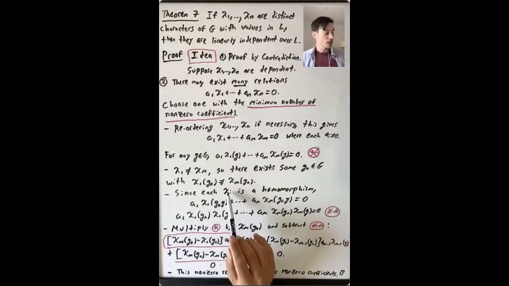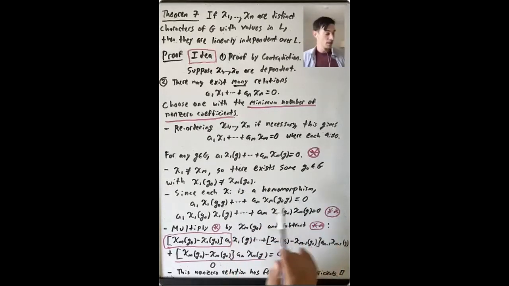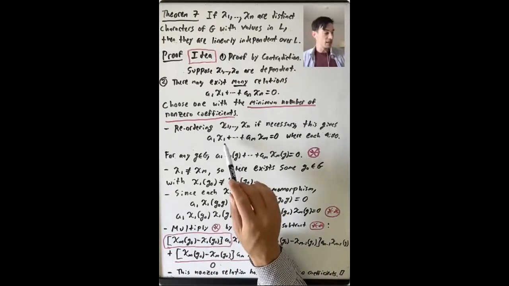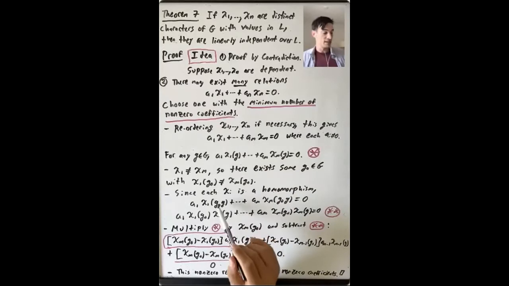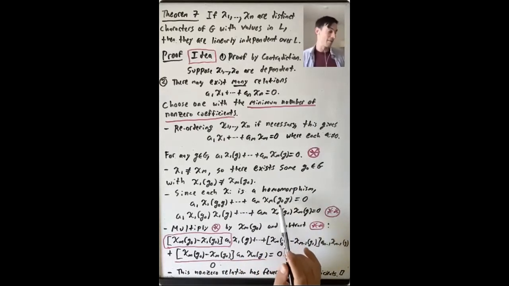Okay, each chi(i) is a homomorphism. So instead of taking this function and applying it to g, we can apply it to g0 times g. And what does that give us? Well, g0 times g is still in the group, so we're still going to get 0. So a1 chi1 g0g plus a2 chi2 g0g plus plus plus am chi(m) g0g is 0 for any g in the group.